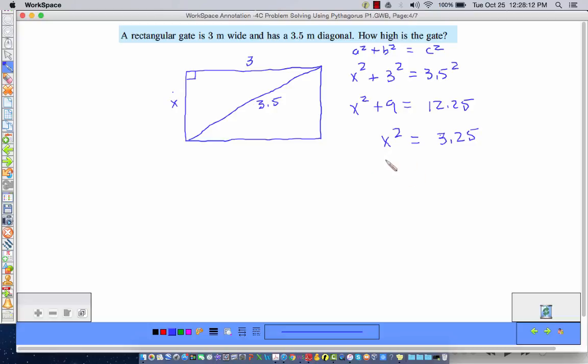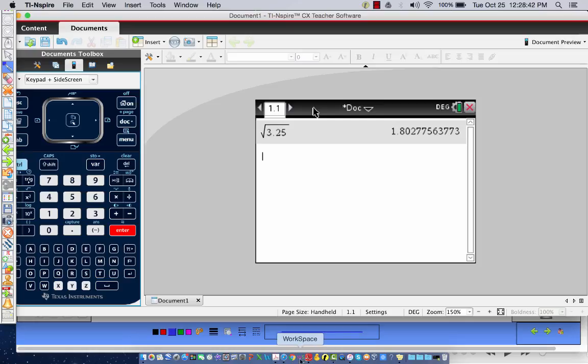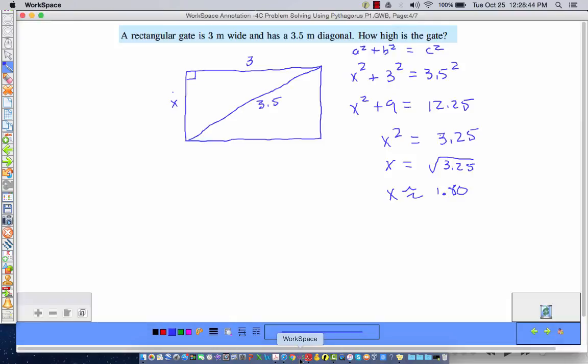Take the square root of both sides. x equals the square root of 3.25. Normally, I would write plus or minus out here in front of this, but since this is a length, I know it can't be negative. And so x is approximately equal to, let's see, 1.80, I believe, rounded to 3 significant figures.